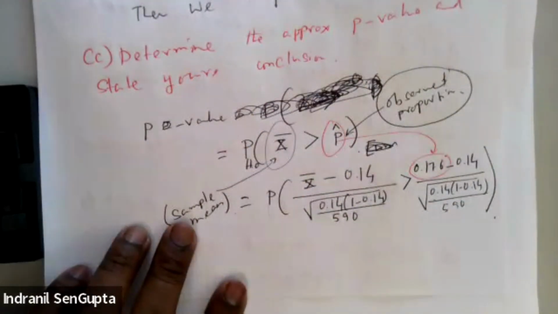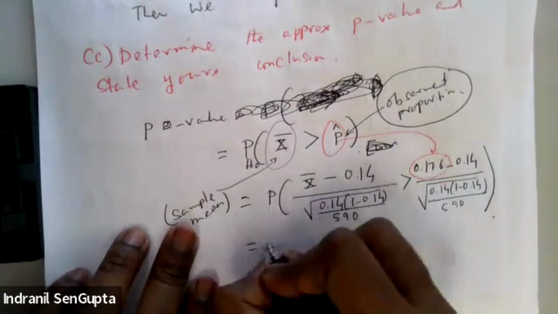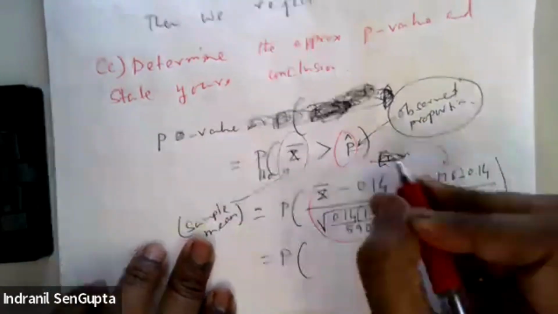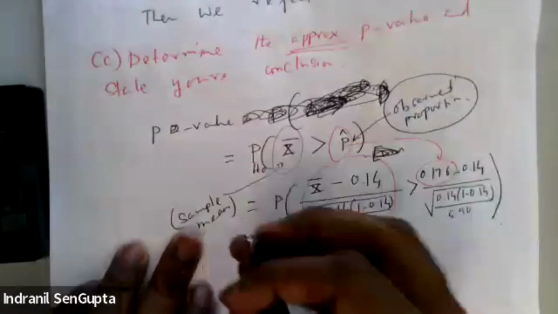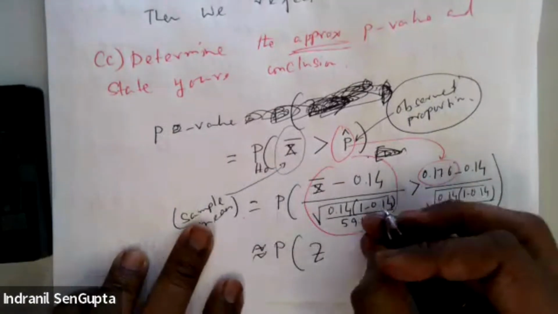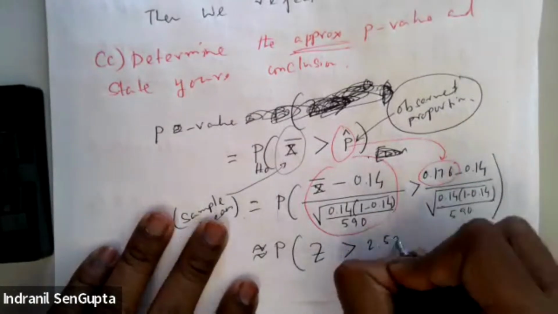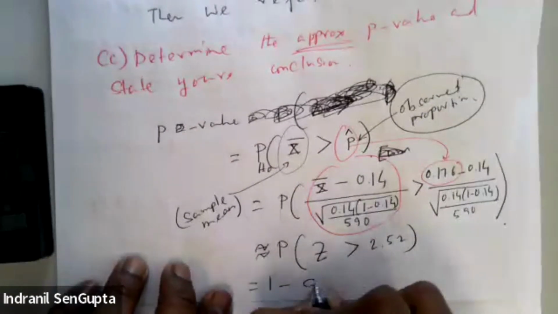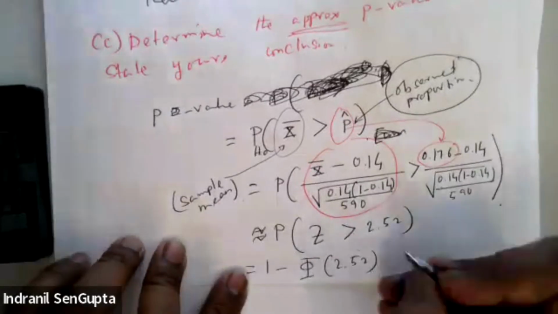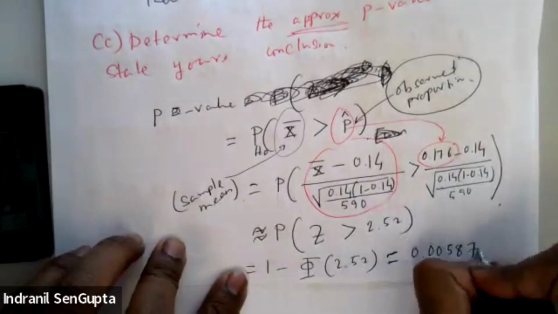If you compute this, approximately, and that's why the word approx comes, Z is bigger than approximately 2.52, which is 1 minus phi of 2.52, which is approximately 0.00587.